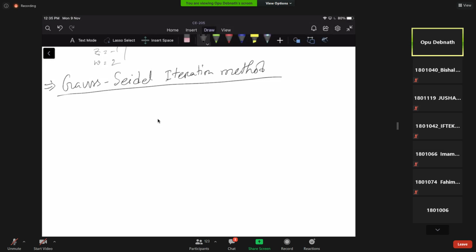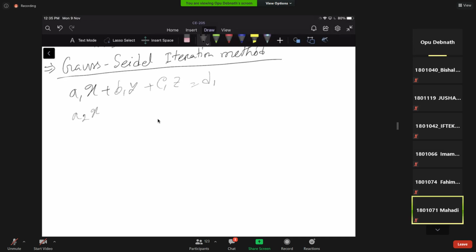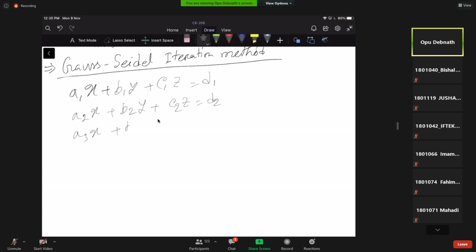In matrix form, we will take a different approach. Suppose we have a set of equations: a1x plus b1y plus c1z is equal to d1, a2x plus b2y plus c2z is equal to d2, and a3x plus b3y plus c3z is equal to d3.